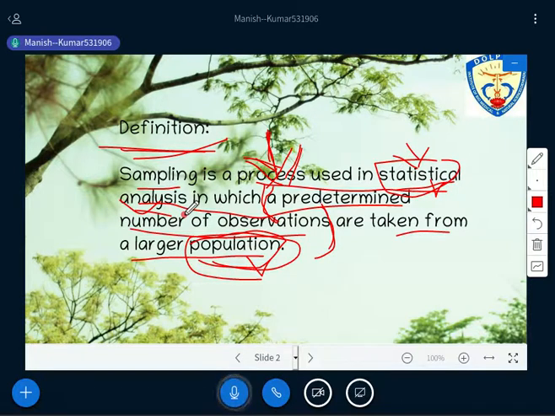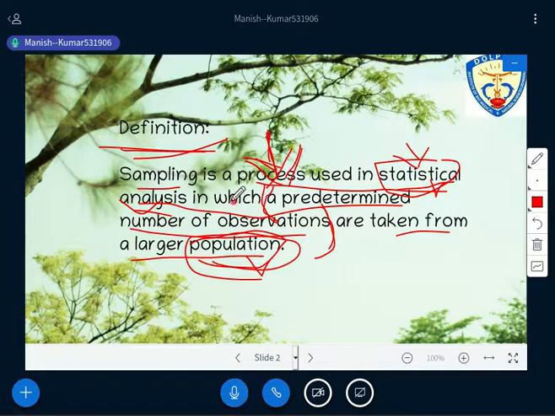Is it okay? So if you are able to simplify this definition, you can also say that it is a kind of procedure in which a sample is selected from an individual, or you can say an individual or a group of people, for a certain kind of research purpose. You can simplify this definition in such a way.